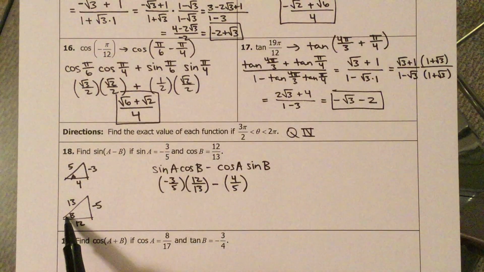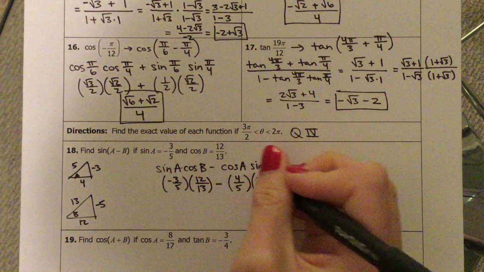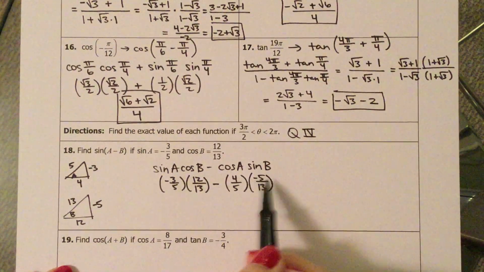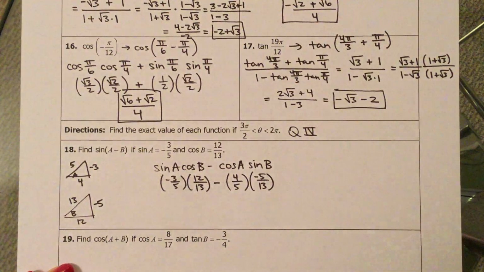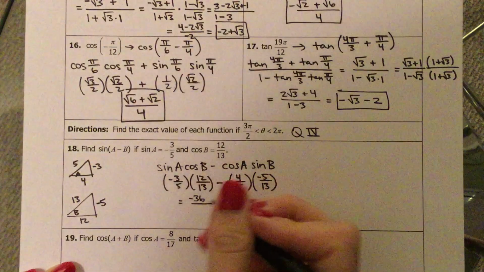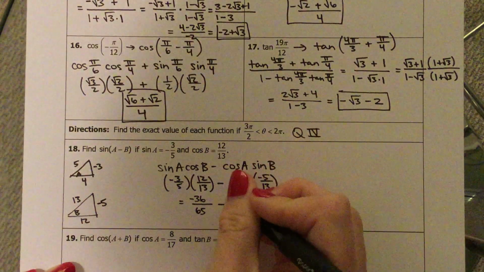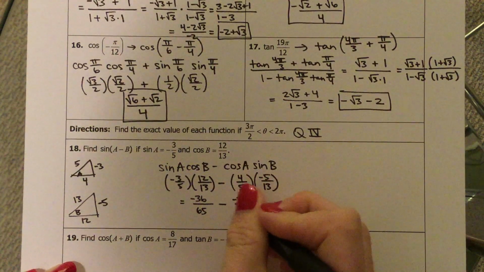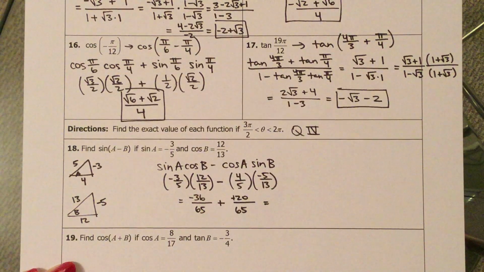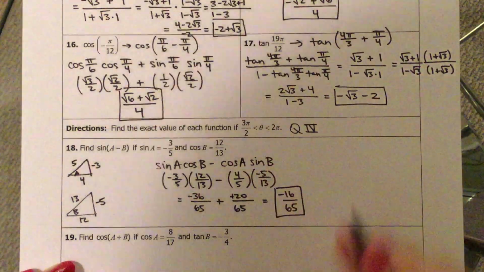Sine b would be the opposite over the hypotenuse, so negative 5 over 13. All right, so these could cancel, but we don't want to because we want the denominators to be the same. So numerators are negative 36, denominators are 65, minus numerators are negative 20 over 65. So negative 36 plus 20 ends up being a negative 16 over the common denominator.